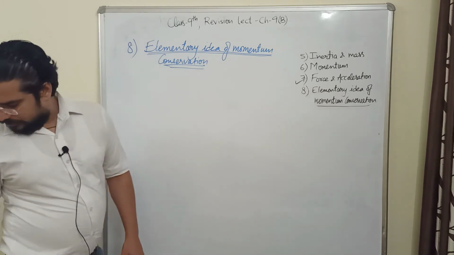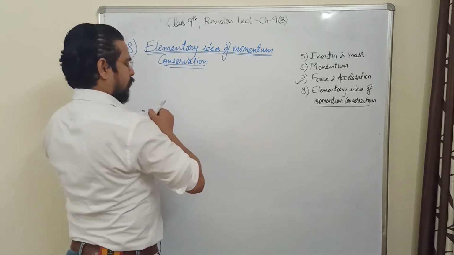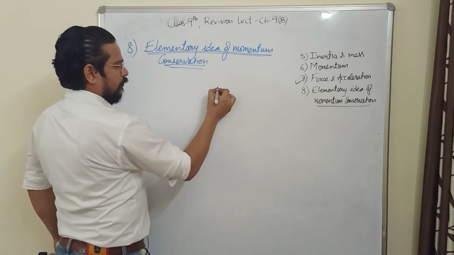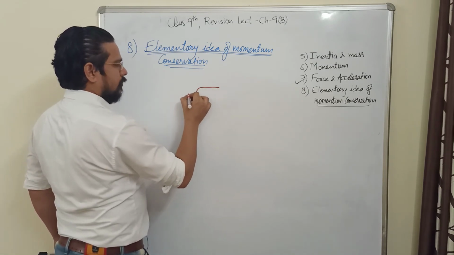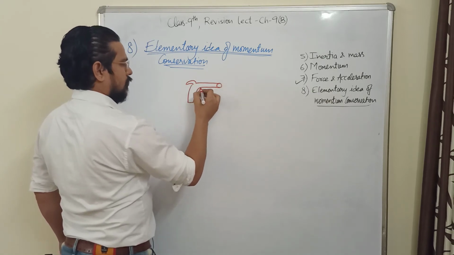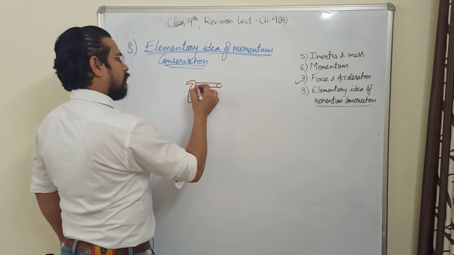The most famous example of momentum conservation is the recoil of a gun. If we fire a bullet from a gun, then what will happen?